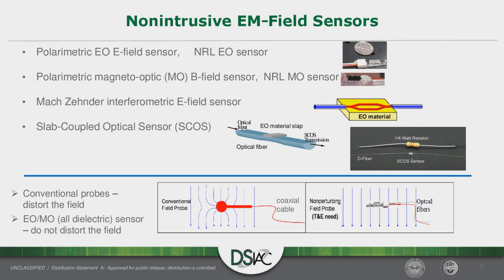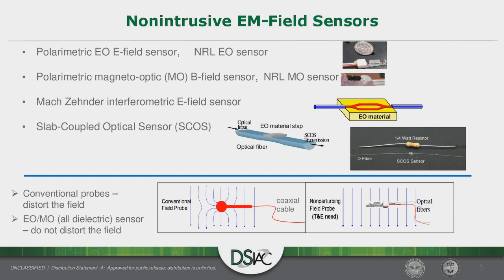Okay, there are several non-intrusive electromagnetic field sensors. One of them is the NRL-developed electro-optic field sensor. The other is the MO sensor. I'm not going to present this one; I'm going to present the electro-optic field sensor today. But there are other sensors like the Mach-Zehnder interferometric E-field sensor or slab-coupled optical sensors, SCOS, developed by a few different research groups.